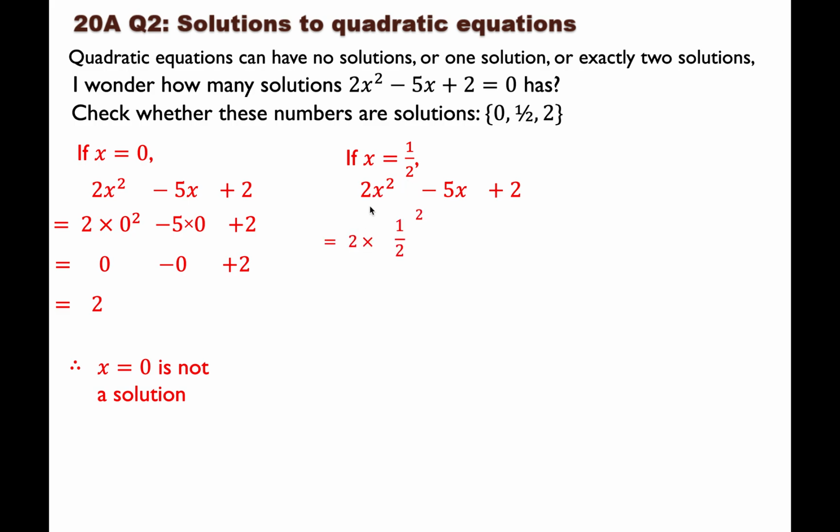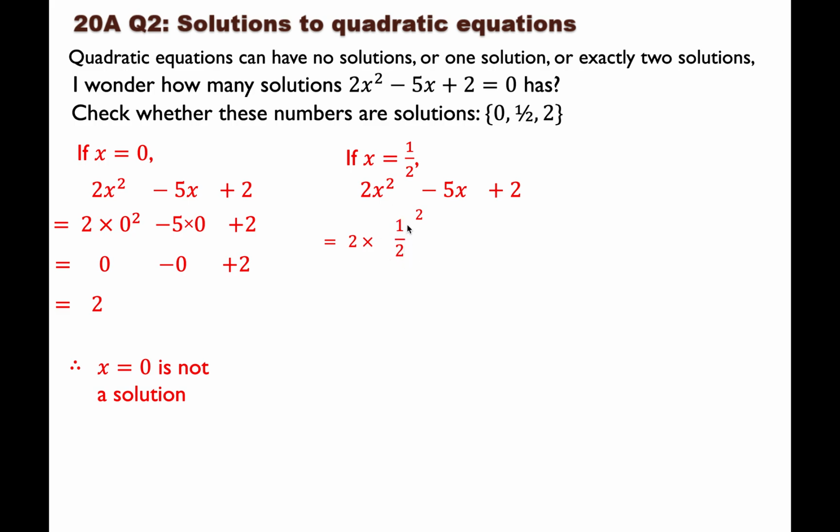Notice that I've got the 2. I've put the invisible times sign in. I've replaced x with a half. And I've got the squared sign. But this isn't quite right. It looks like just the 1 is being squared. But over here, it says that the whole of x needs to be squared. Not just part of it, not just the top part, but all of x gets squared. x is a fraction here.